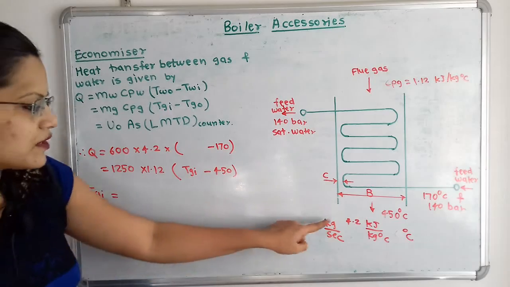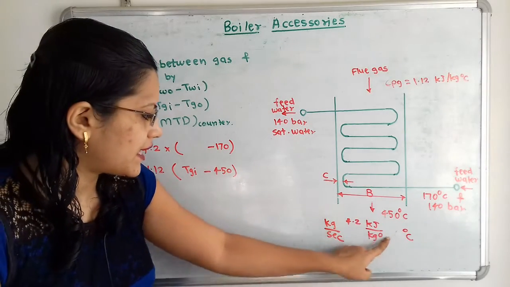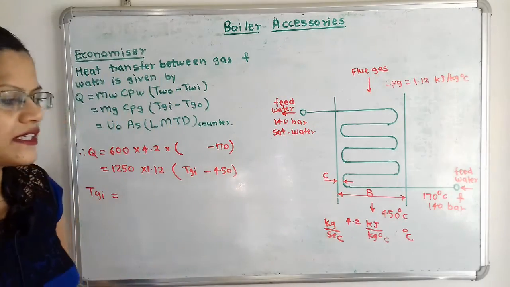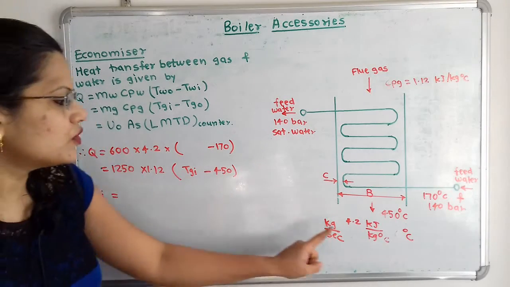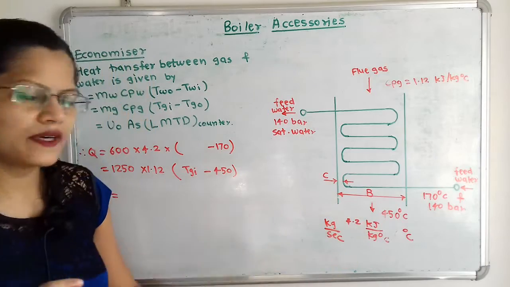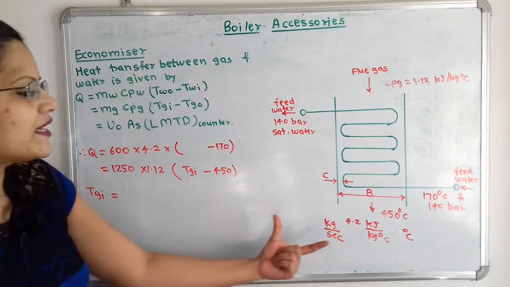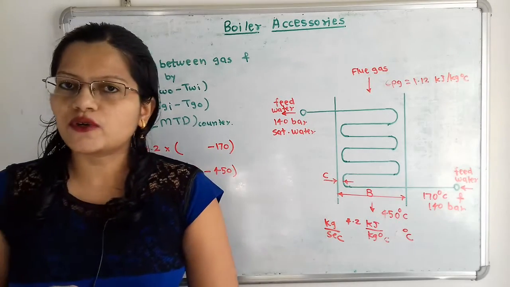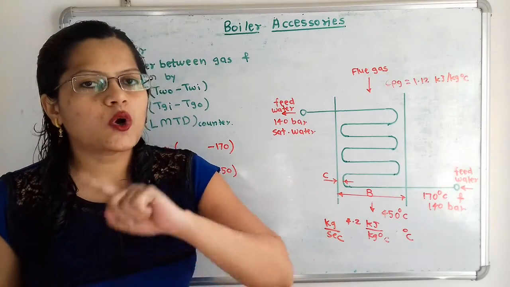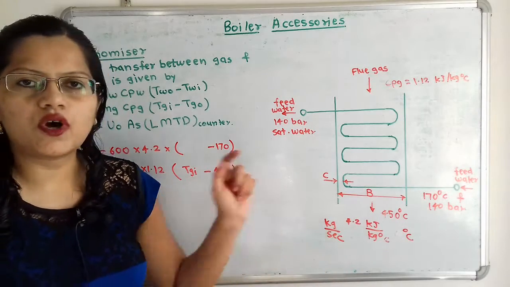Now if we observe, the kilogram is getting cancelled, and the degree Celsius is also getting cancelled. And what is this Q? Q is in kilojoule per second. So this is the unit. We have to take into consideration the units that are given, and according to the units we have to convert all the data.